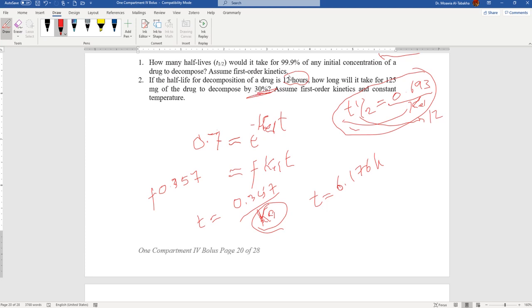If I say 50%, I need 12 hours, but for 30%, I need about 6.17 or 18 hours.